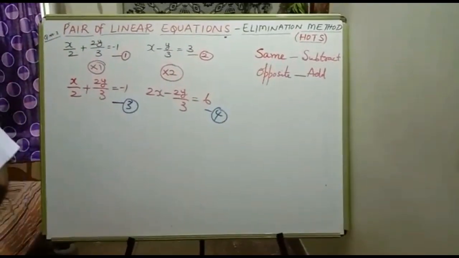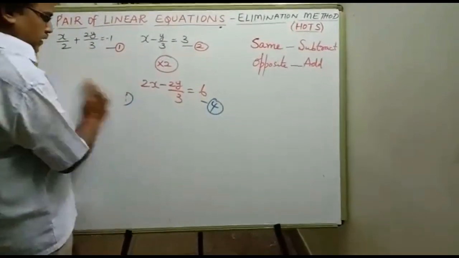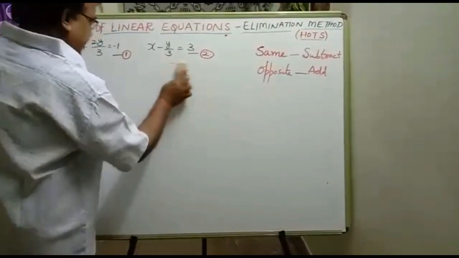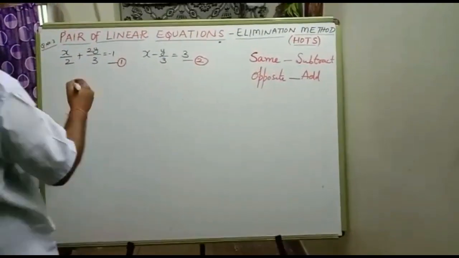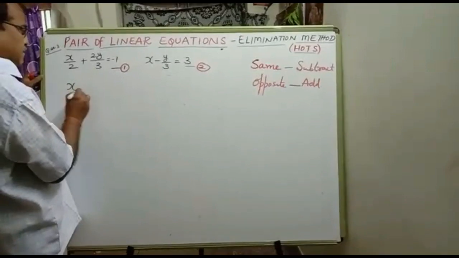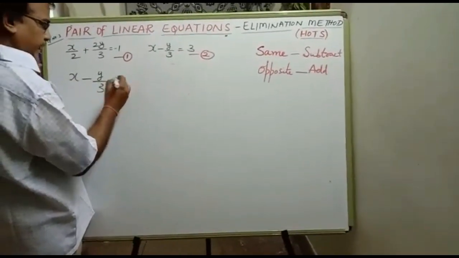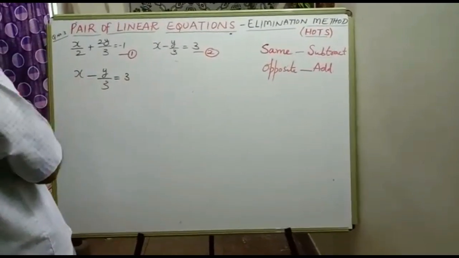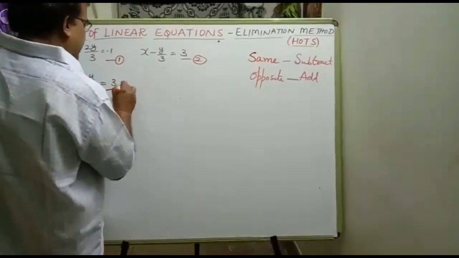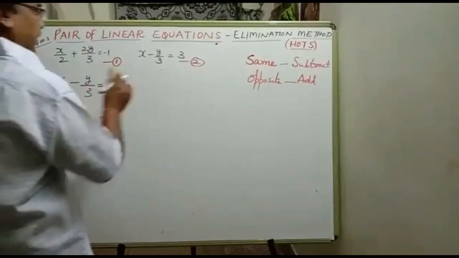Now I'll write once again here. What is the second equation? x minus y by 3 is equal to 3. This is equation 2. Simplify first of all.